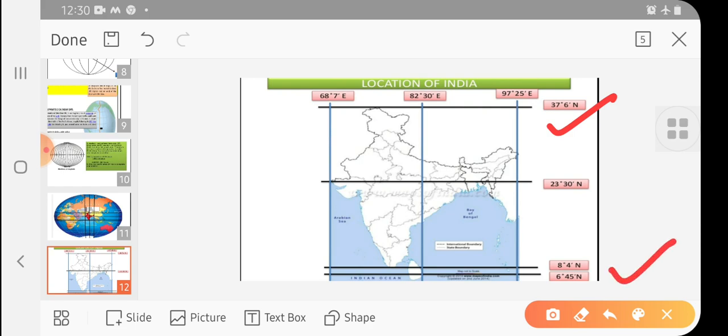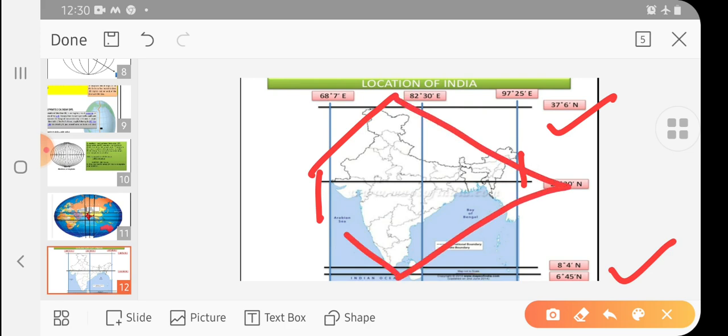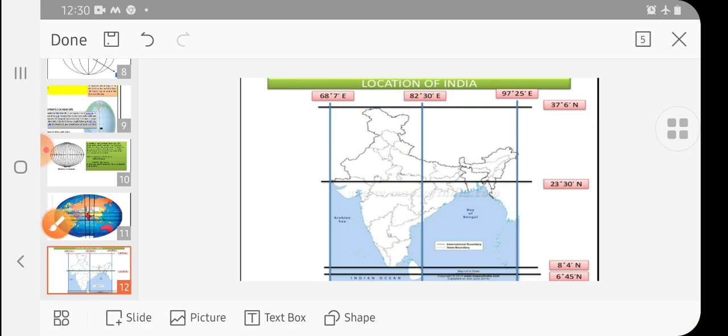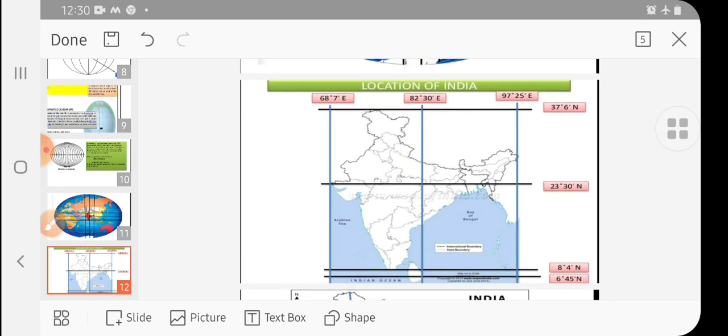Then in the west it is 68 degrees 7 minutes east, and in the east it is 97 degrees 25 minutes east. So this is the location extension of our country, and how we can take this out we will understand in tomorrow's video, because the video is going lengthier. The topic is in detail, so we cannot understand it in this video.